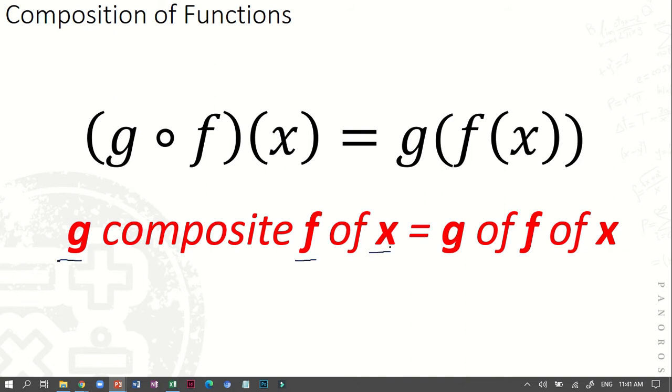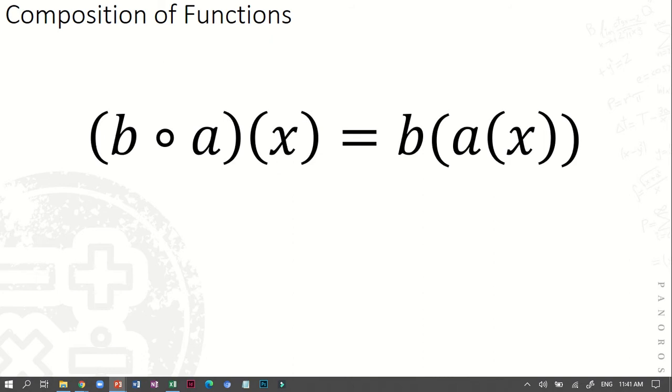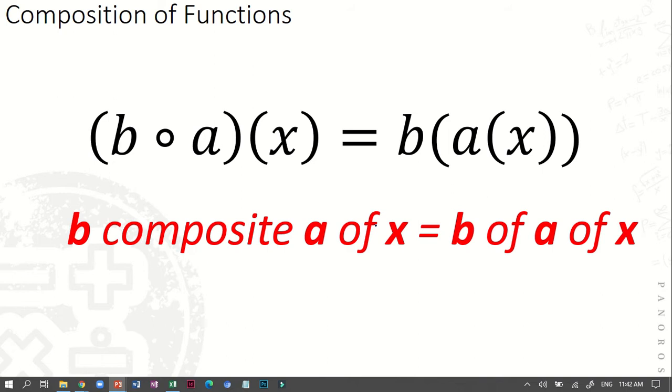So, it will become G composite F of X equals G of F of X. Siya yung magiging first function, yung G, ang ating inner function ay F. Importante yung pwesto. Ito ang ating primary function, ito ang ating inner function. And then, last example, we have B composite A of X equals B of A of X. Okay, so that is the way how to read the composition of functions.